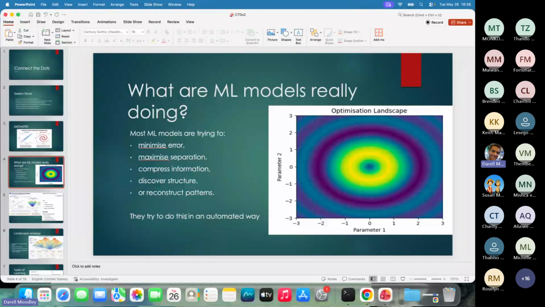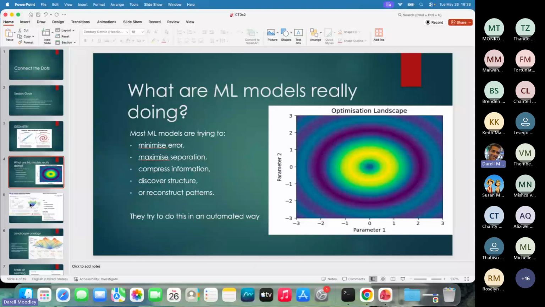And ML models do this in an automated way, which is why it's so popular now, because we have computational resources that are much more advanced than what we had 20 years ago.